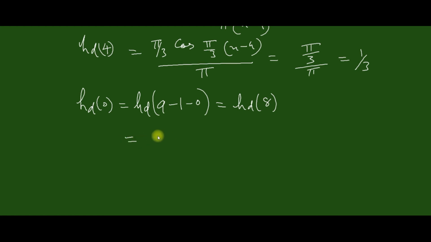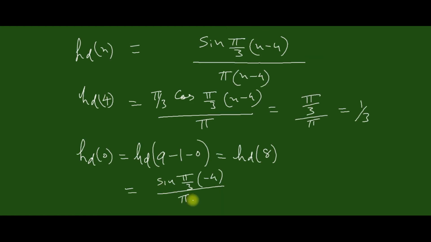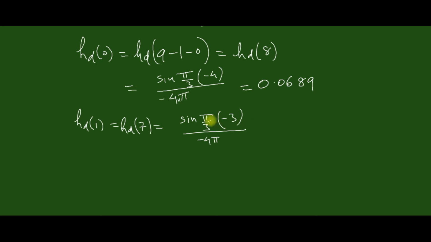Substituting for 0, hd of 0 will be obtained as 0.0689. It is sine minus pi, so it is equal to 0.